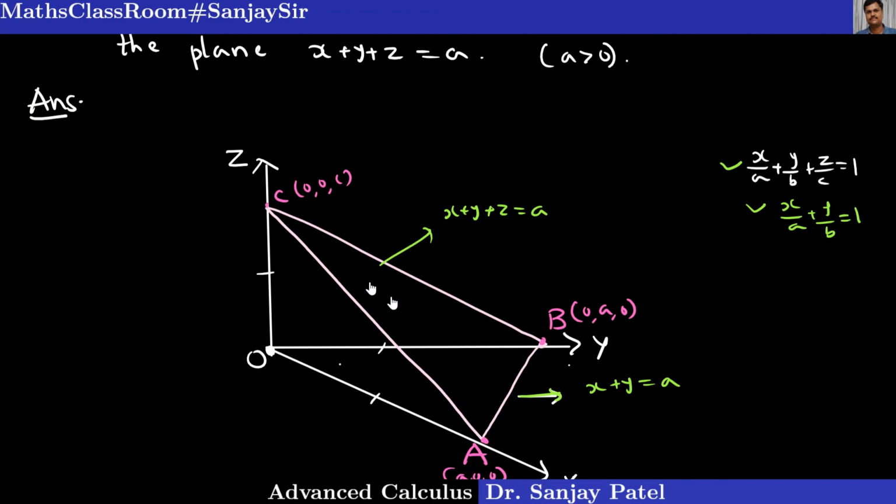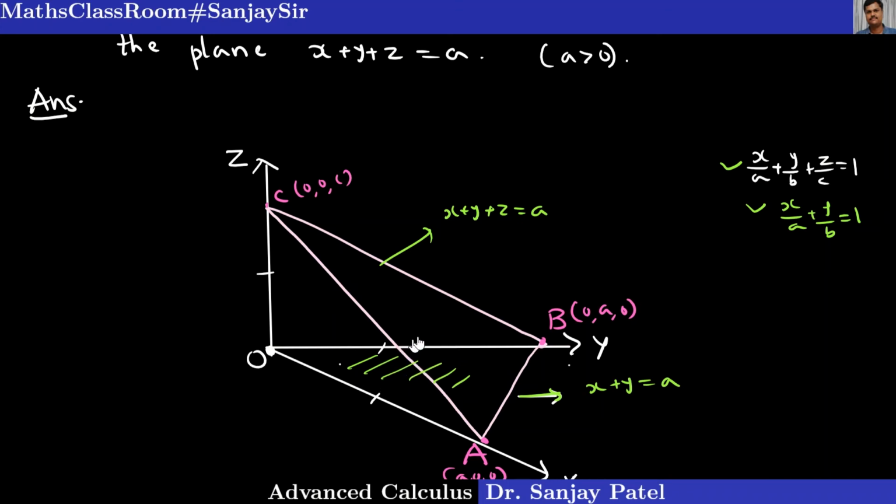So this is the three-dimensional volume. How many sides are there? One is the triangular plane, and the three other sides are these coordinate planes. This is the xy plane, this is the yz plane, and this plane OAZ you can say is your xz plane.